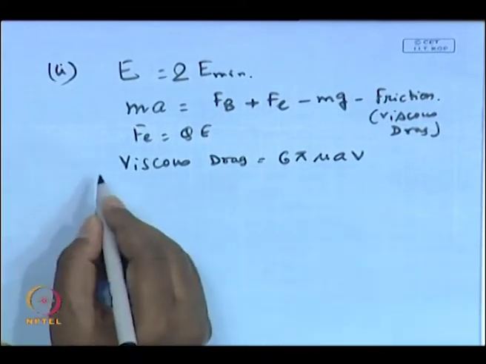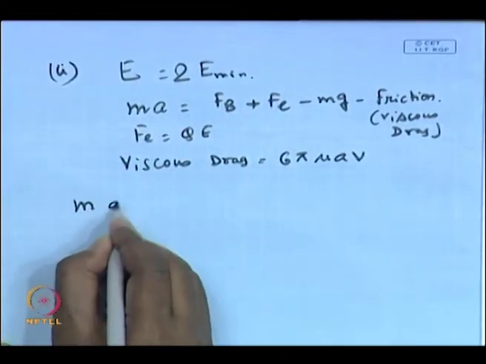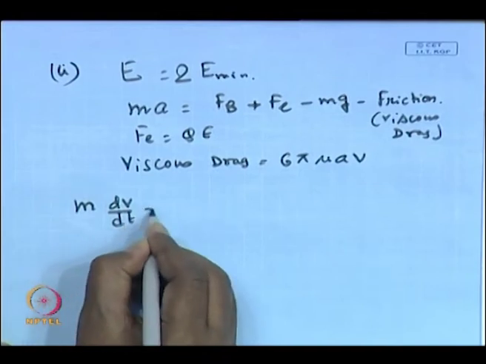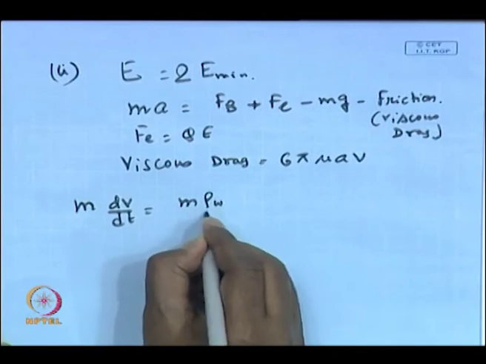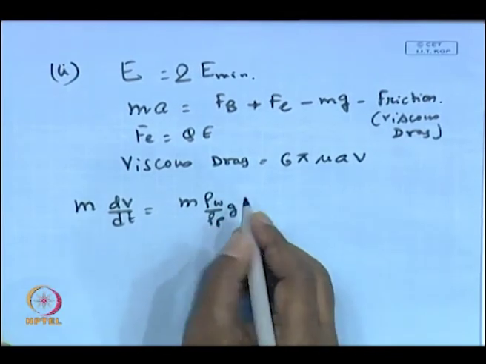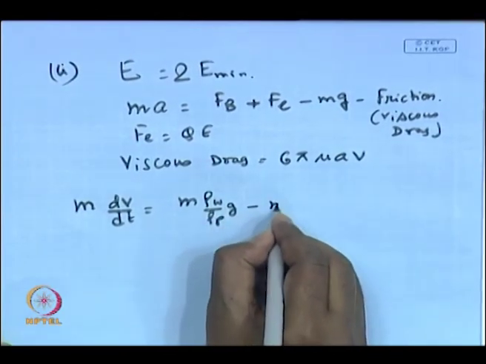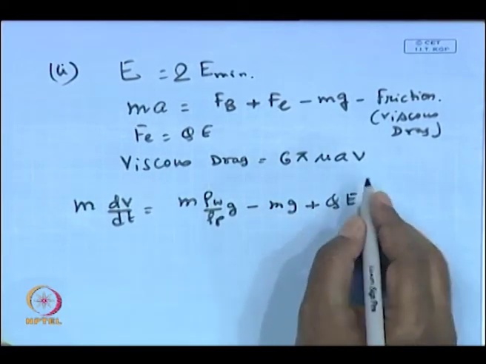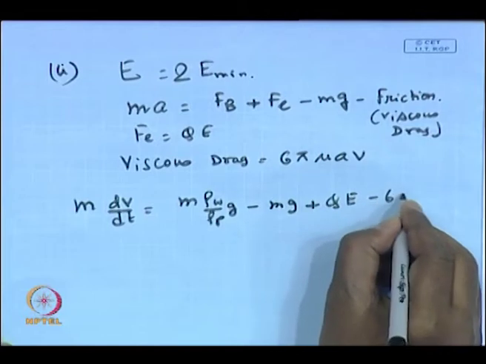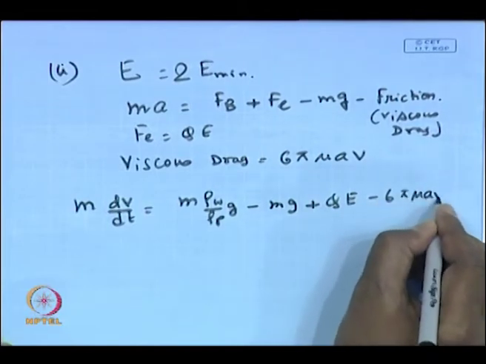So, you will be getting m a. So, m times dV by dt is equal to the buoyant force, m rho w by rho p times g, minus m g plus Fe. Fe will be nothing but Q times E, and minus the friction force 6 pi mu A V.